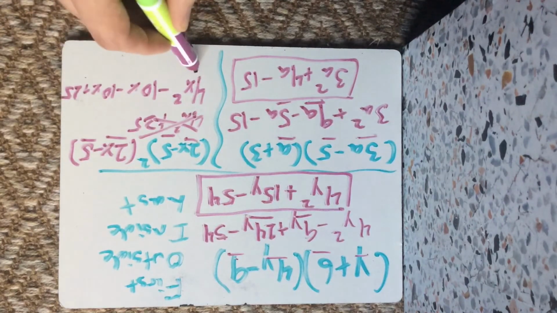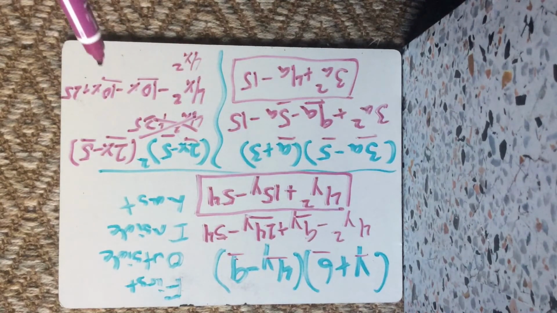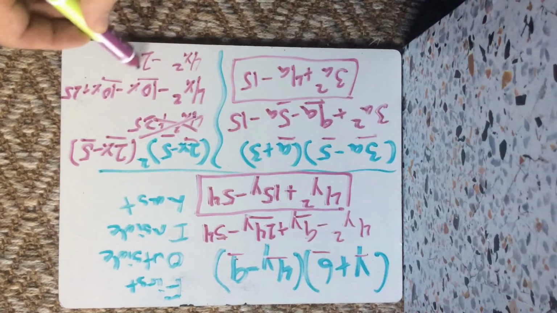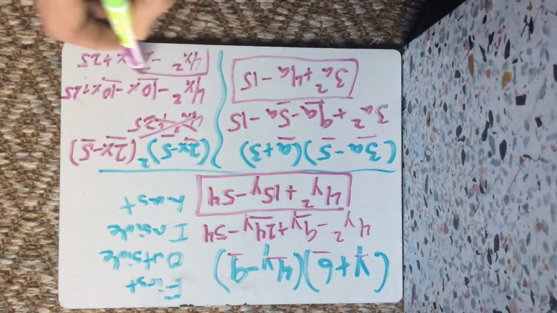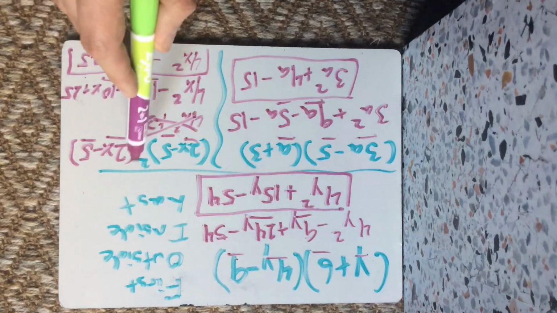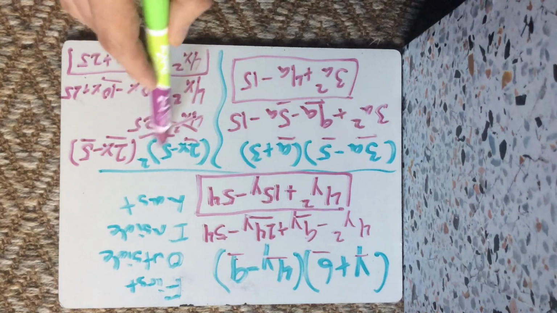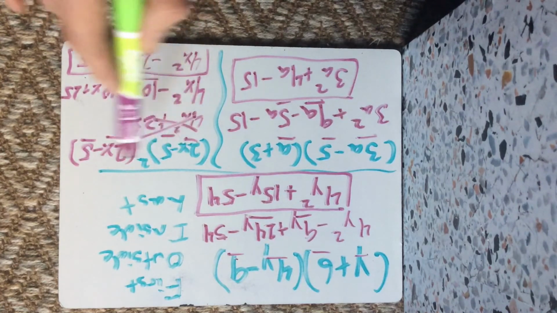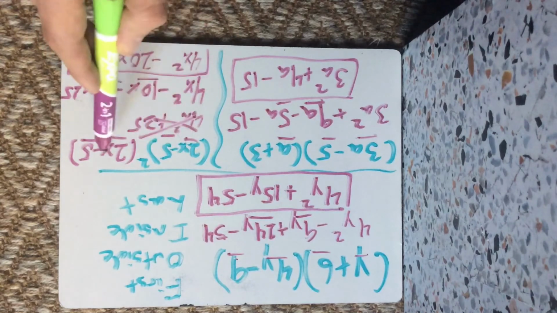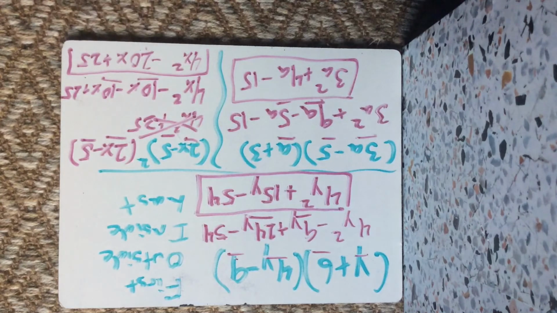So here 4x squared, then my like terms negative 10x and negative 10x make negative 20x plus 25. So that is my answer. So if a binomial is squared, you cannot just square each one of the terms. That is wrong. You must multiply the binomial by itself. Then you can use the FOIL method, add like terms, and then you get your final answer.